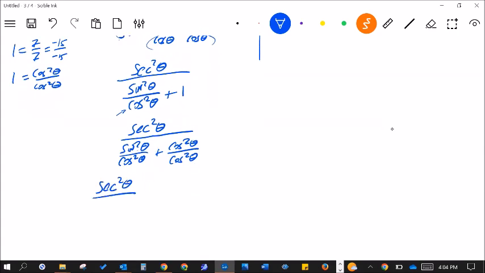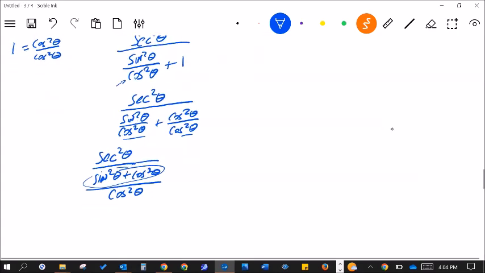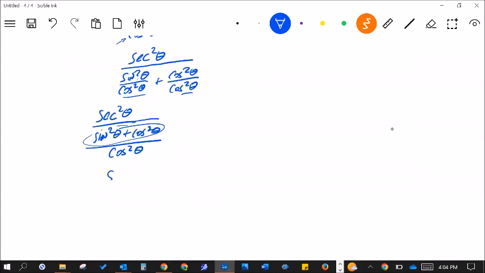Well, because I have fractions, I can do the tops of them being added. And these denominators are the same. Oh, now look at this. That is a Pythagorean identity. So that's secant squared theta over 1 over cosine squared theta.